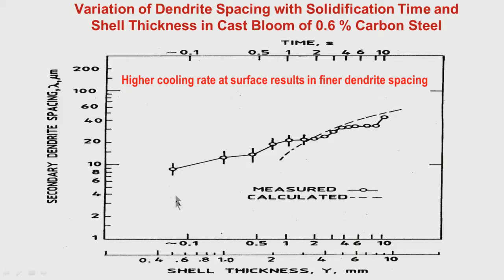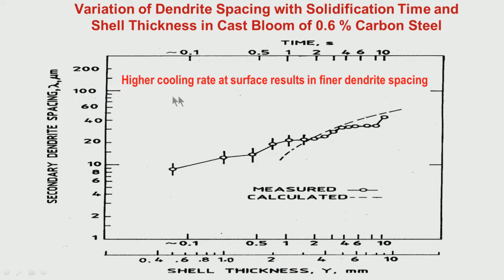Look at the dimensions, maybe at a shell thickness of say 0.6, that means just at the surface, at a time of say 0.1 second, when the casting has just started, secondary dendrite spacing is just 10 micron. Now, when we go to a depth of 10 millimeter shell thickness, that means at a local time of solidification of 10 seconds, after 10 seconds we are getting maybe 10 millimeter of shell thickness.